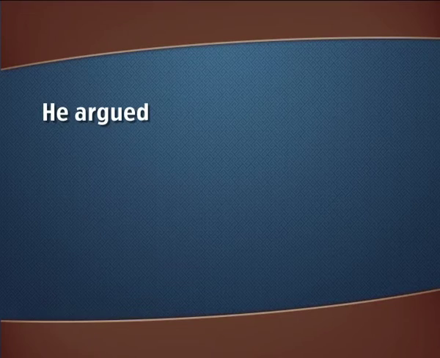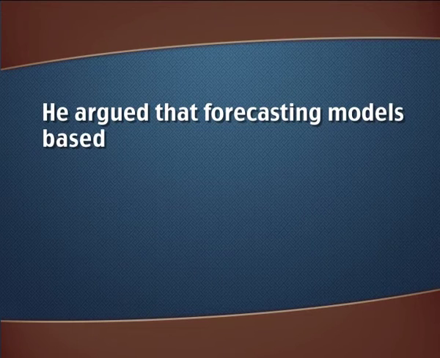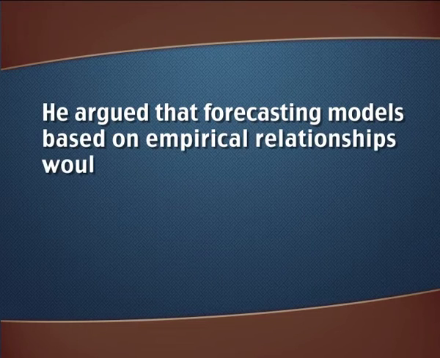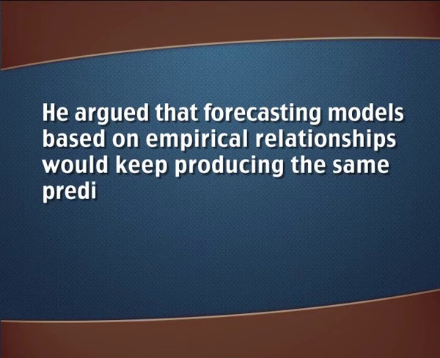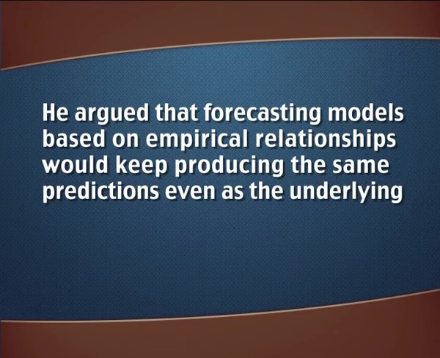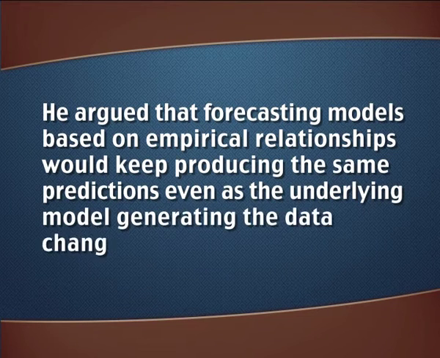When new classical economists introduced rational expectations into their models, they showed that monetary policy could only have a limited impact. Lucas also made an influential critique of Keynesian empirical models. He argued that forecasting models based on empirical relationships would keep producing the same predictions even as the underlying model generating the data changed.